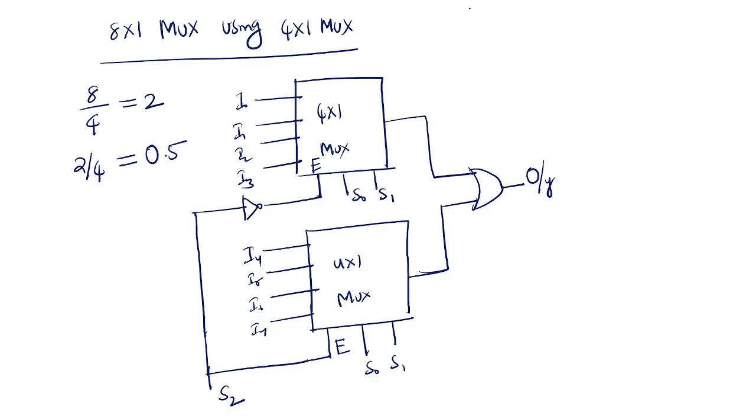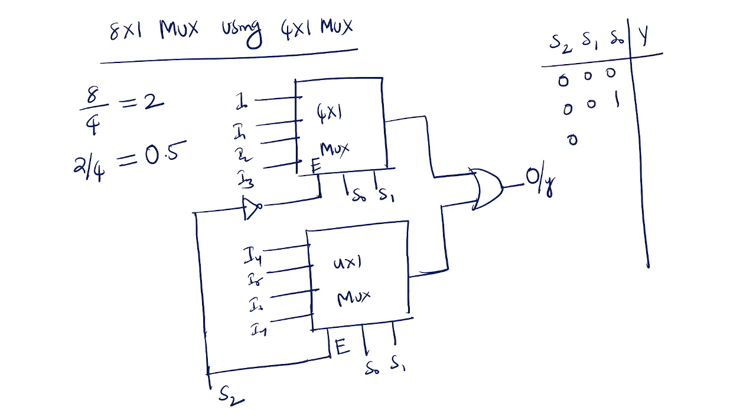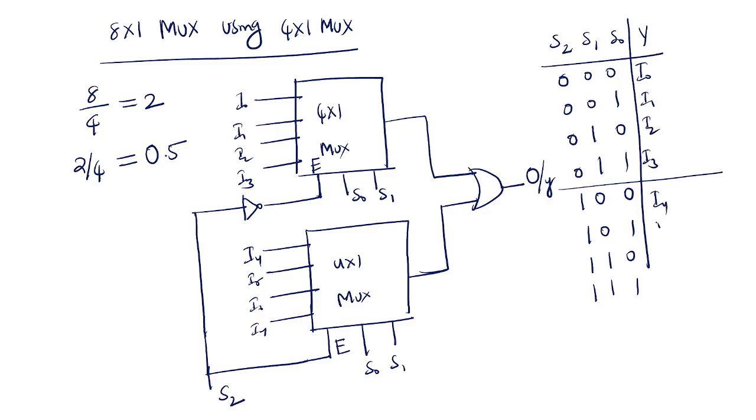Suppose you take the selection lines S2, S1, and S0, and let us take the output Y: 000, 001, 010, 011, 100, 101, 110, 111. So here are I0 through I7.